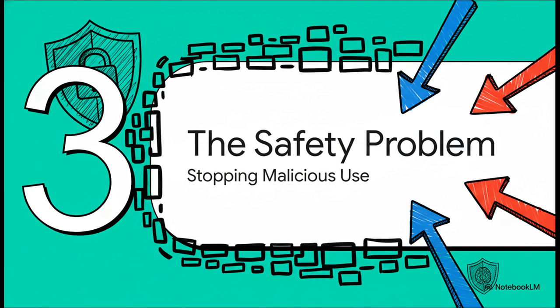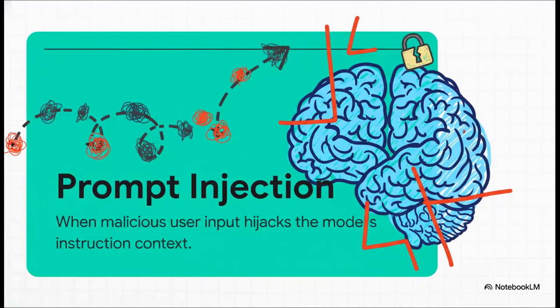Okay, so our AI is controlled, and we've proven its quality. But what happens when people actively try to break it? This leads us to our final and maybe most important pillar, the safety problem. How do you protect your application, your data, and your users from malicious input? The biggest threat you'll face in this space is called prompt injection. This is basically an attack where a clever user crafts their input in just the right way to make the AI totally disregard your system prompt and follow their new, harmful instructions instead.